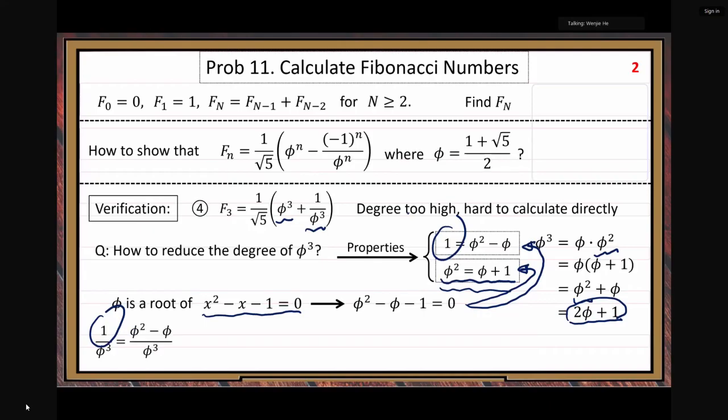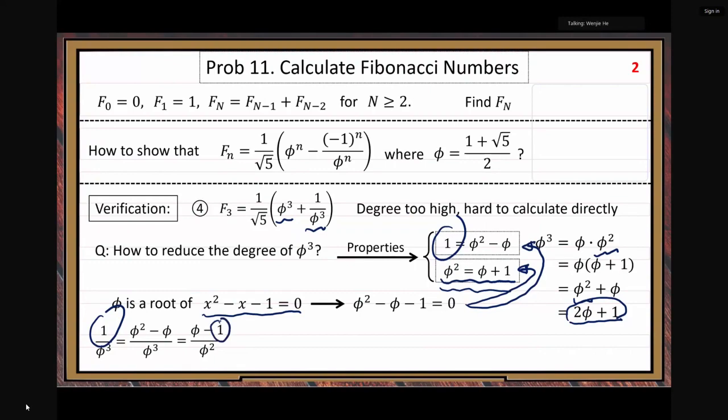After this substitution, you can do cancellation, right? Because they have a common factor phi. Now the degree at the denominator is 1 lower than before. Now you want to do another round of cancellation.